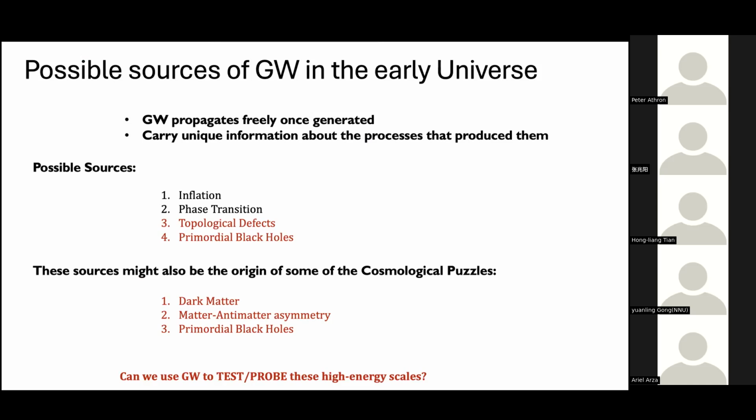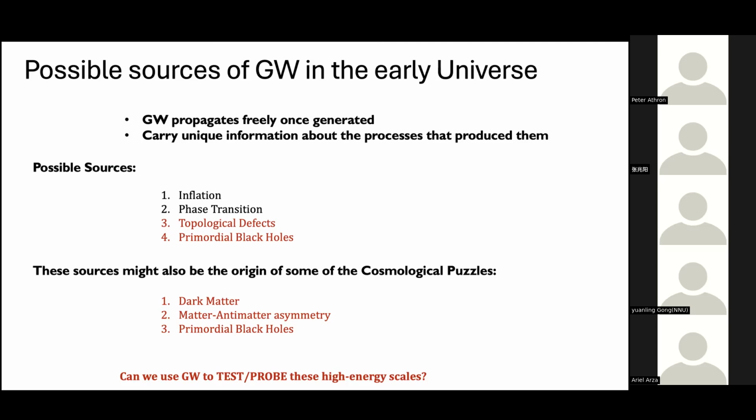Now, on top of generating gravitational waves, these sources can also help us in understanding some of the cosmological puzzles that I was telling you about. That means these defects or this phase transition or these black holes can produce particles, which are responsible for the dark matter relic density of the universe.